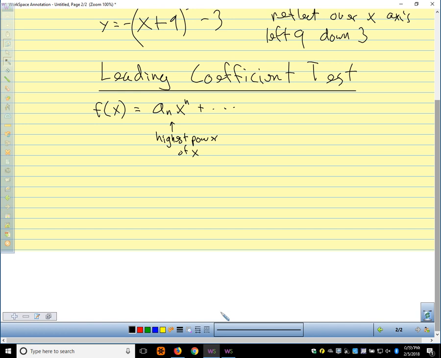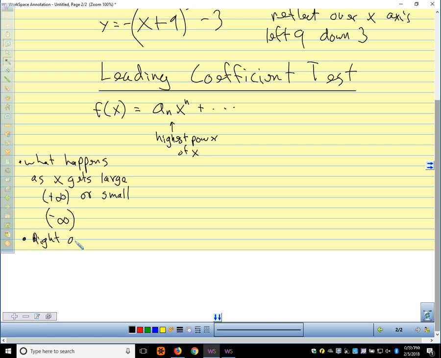And the leading coefficient test tells us what happens as x gets really big. So it gets large, so it goes towards positive infinity, or small, towards negative infinity. The other way that you might be asked this question is, what is the right and left-hand behavior?